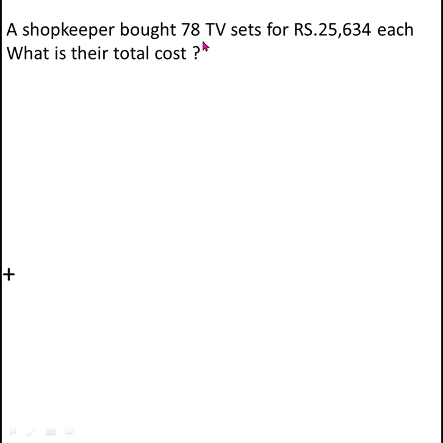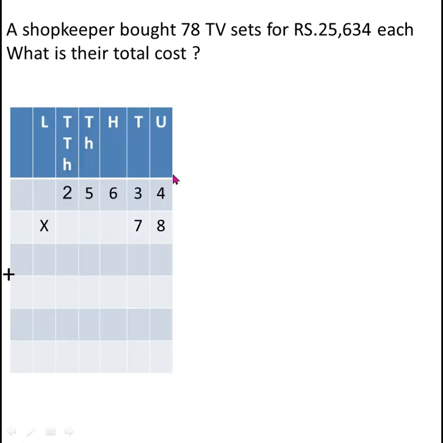The cost of one TV is 25,634. Then we will calculate the value for 78 TV sets. So you multiply 25,634 by 78. I will write this value in this table.